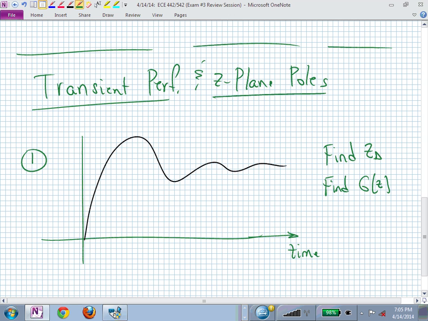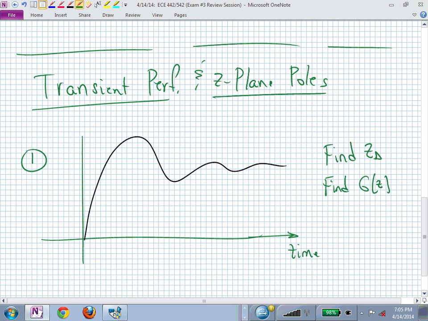Question? So the question was, is it possible to determine the zeros from this? We haven't looked at that particular question, but you might be able to be guided a little bit, but that's not a real easy problem to resolve, to find the zero.